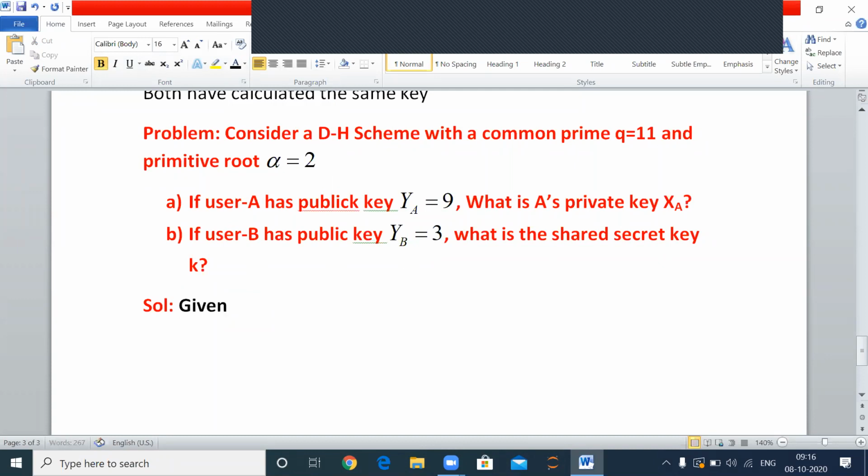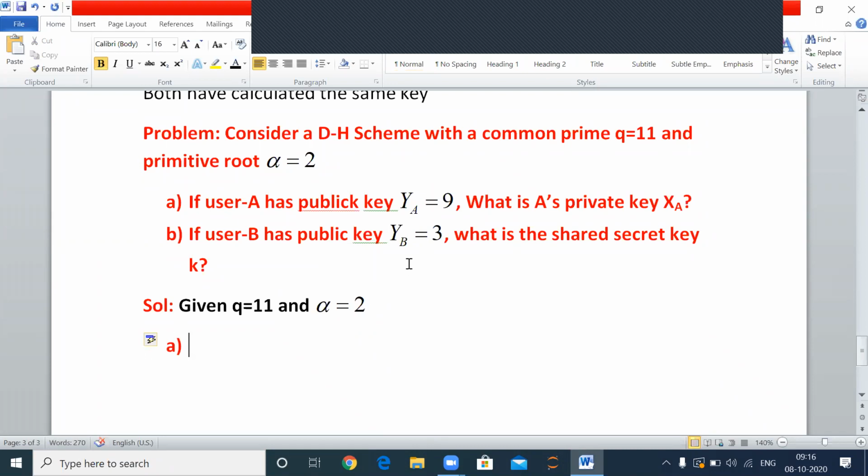Given in the problem is q equal to 11, that is the prime number, and the primitive root alpha equal to 2. These are given.